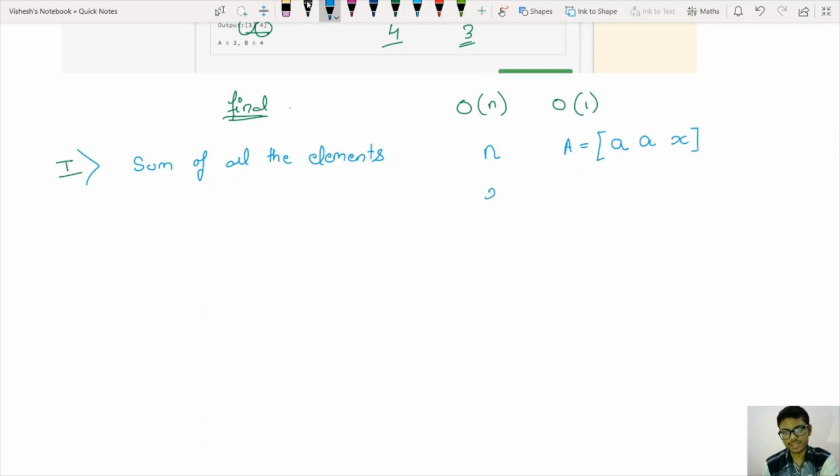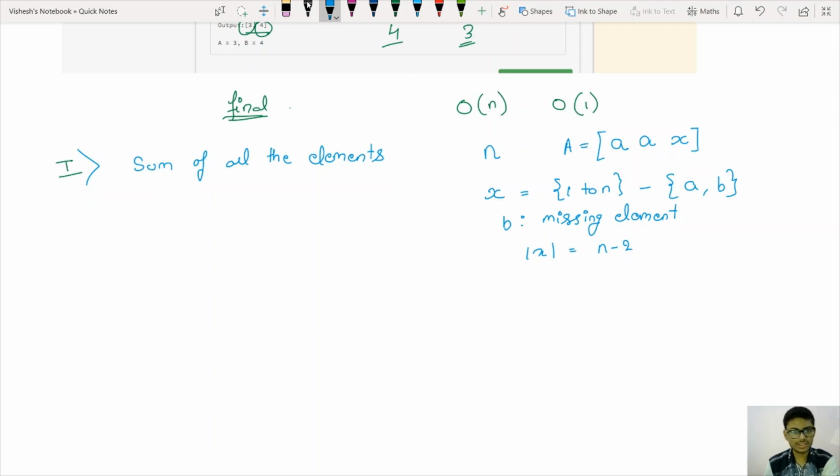So it means that x is a set of all the elements from 1 to n except a comma b, where I am taking b as the missing element. And the size of this set x would be n minus 2, because two elements are a and b, so the remaining elements would be n minus 2. So I'm taking this x as a set of all the elements from 1 to n except a and b.